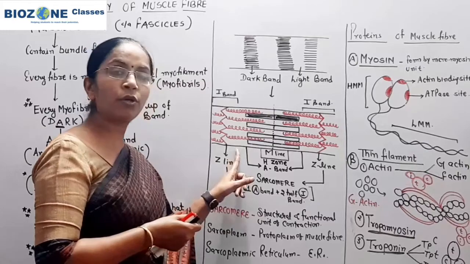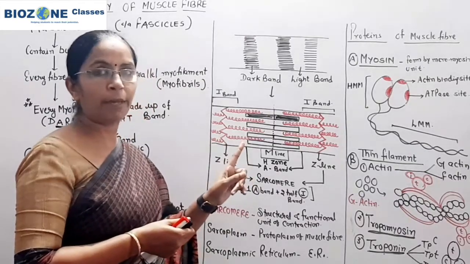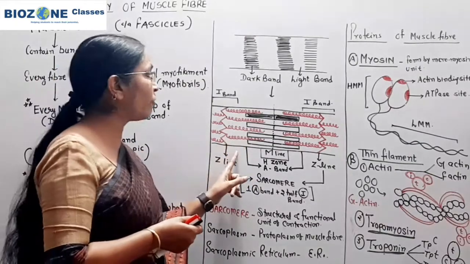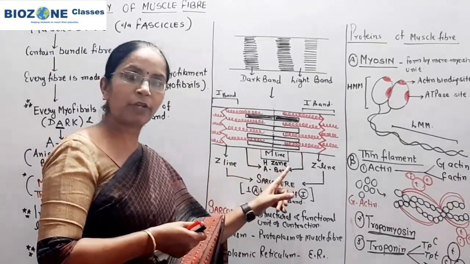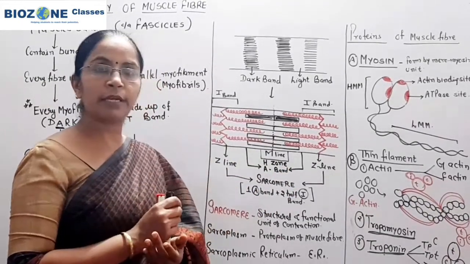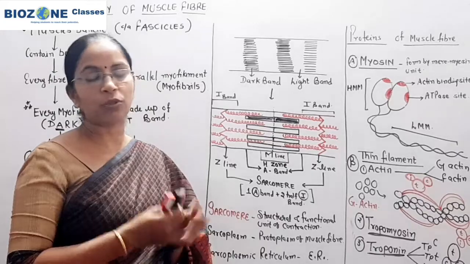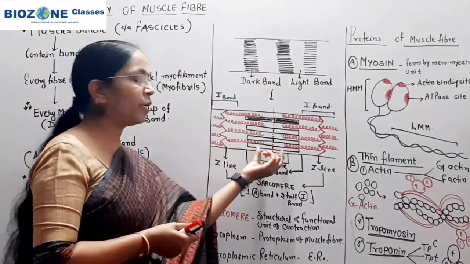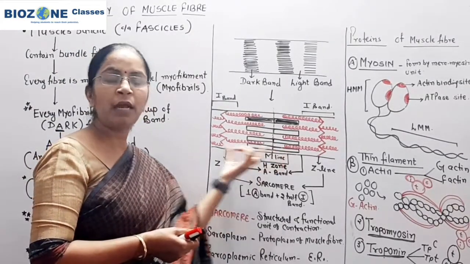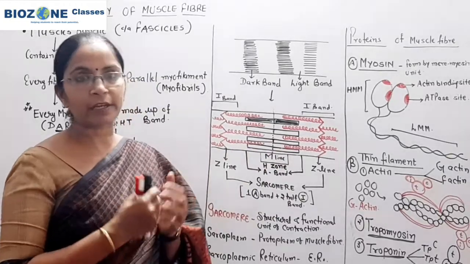This diagram you keep in mind, very well. Okay, now when we come towards myosin and actin, another question is raised: what are the proteins? So now is it clear? The dark band is made up of myosin filament and the thin band is made up of actin filament.